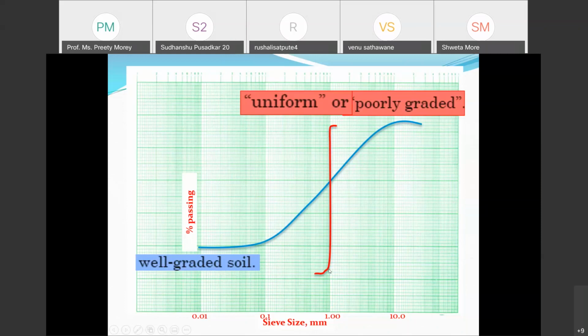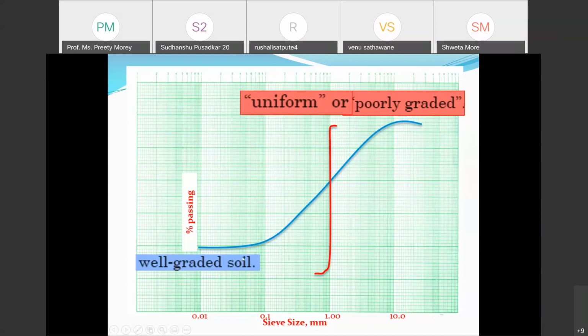So this soil has only one type of diameter of soil particles, and hence it is called uniformly graded soil. This soil is also termed poorly graded soil, because if the soil is not very well graded, it will be poorly graded. In poorly graded soil there are two different types, uniform and non-uniform, which we'll see later.